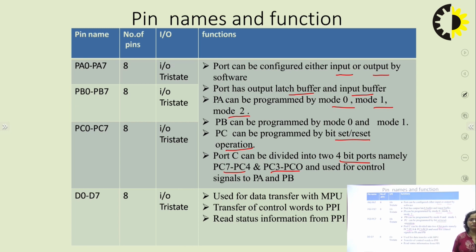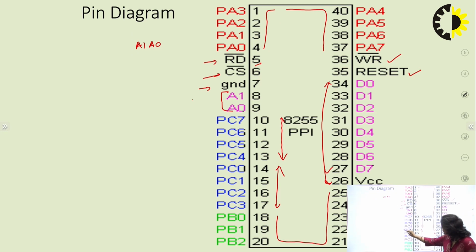One group is used with port B to provide control signals, and one is used with port A to provide control signals. So PC7 to 4 are used with port A and PC0 to 3 are used with port B, as we have already seen in the diagram. PB, this is used for port B and these are used for port A.